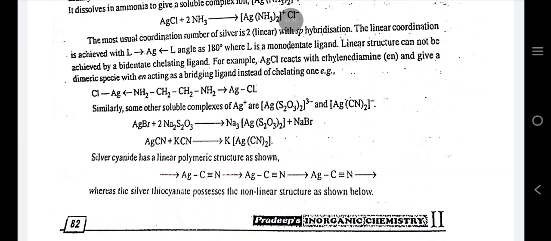For example, AgCl reacts with ethylenediamine and gives a dimeric species with en acting as a bridging ligand instead of a chelating one. Similarly, there are some other soluble complexes of Ag+. Silver cyanide has a linear polymeric structure as shown, whereas silver thiocyanate possesses a non-linear structure as shown below.